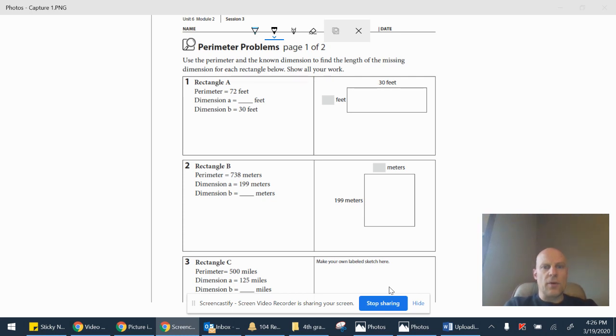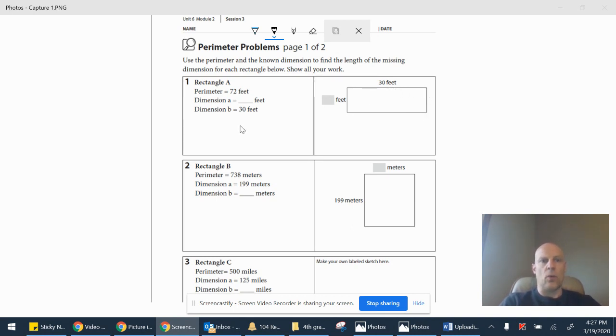Okay, I was just thinking before we move on to page 232, another way we might look at rectangle A would be, we know that this side of the rectangle and this side of the rectangle make up half of the rectangle.